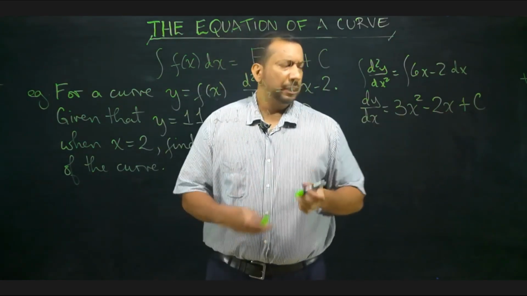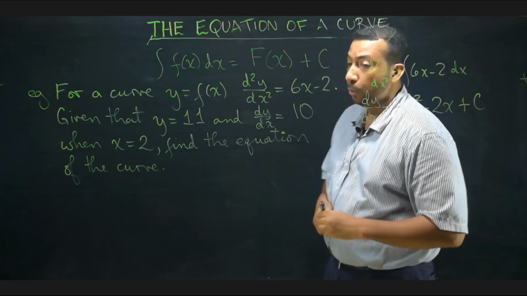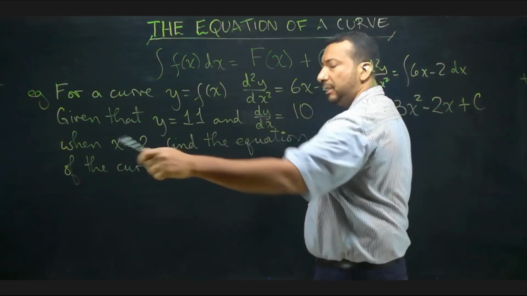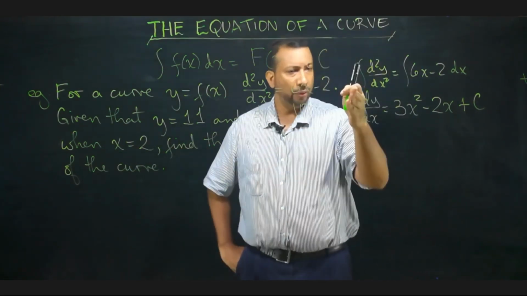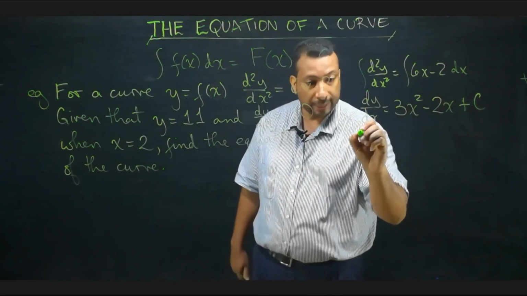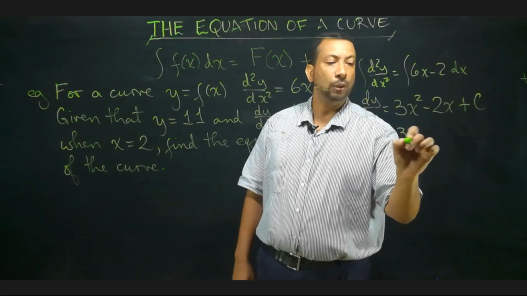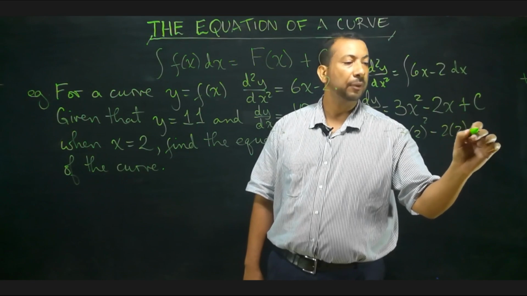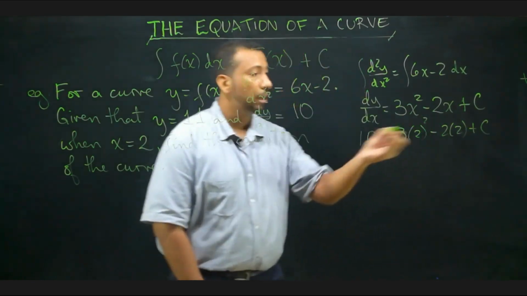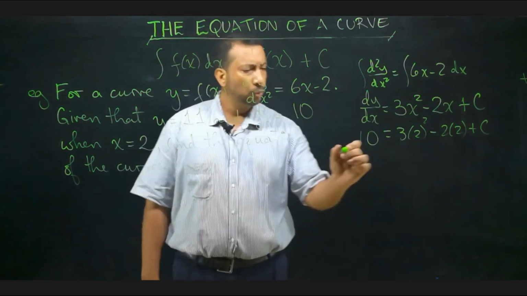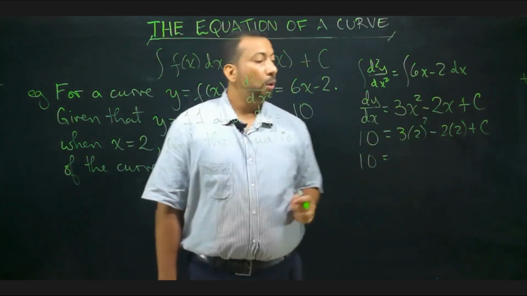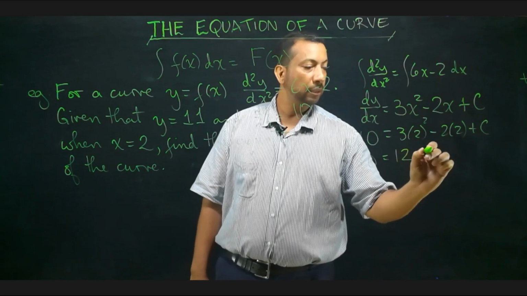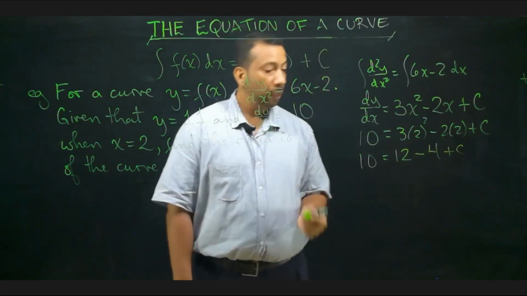How do we proceed after this then? Well, let's see what other information we are told. We're told that dy/dx is equal to 10 when x equals 2. So we substitute those values in place of x and dy/dx and we solve for this c. So 2 squared is 4, 3 times 4 is 12, 2 times 2 is 4, so that's minus 4 and plus c.